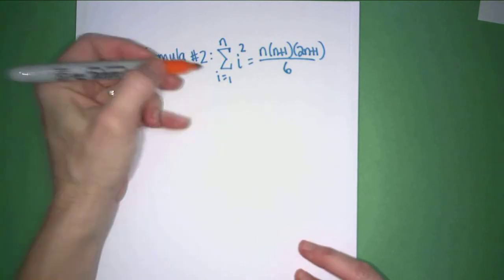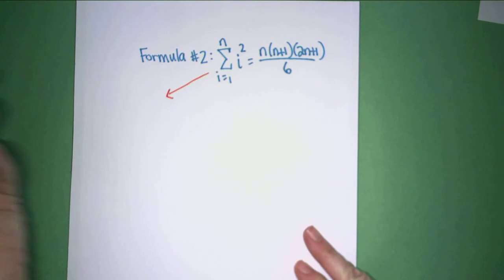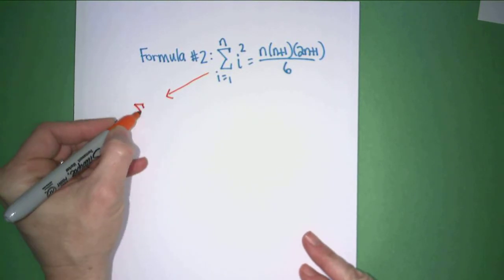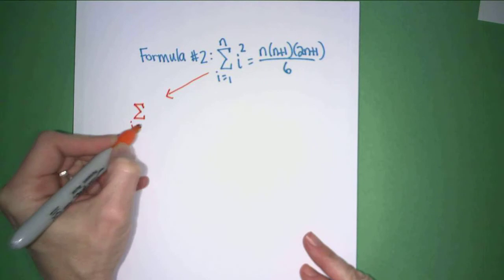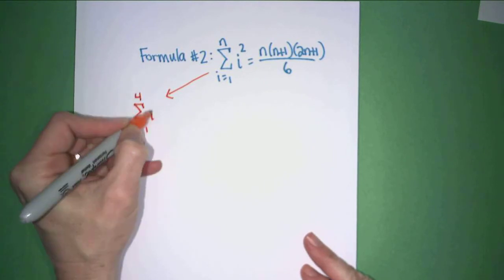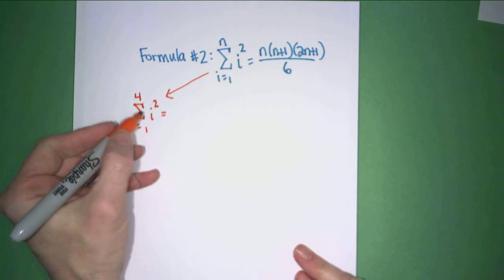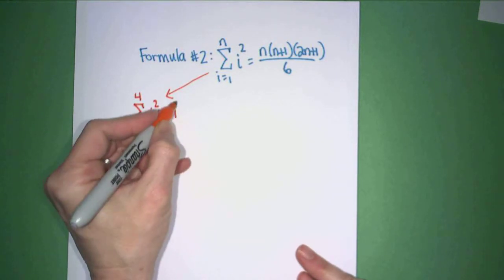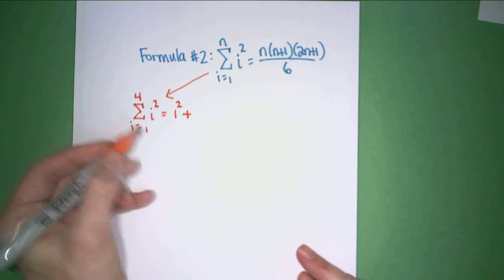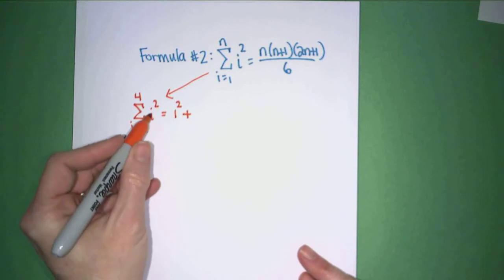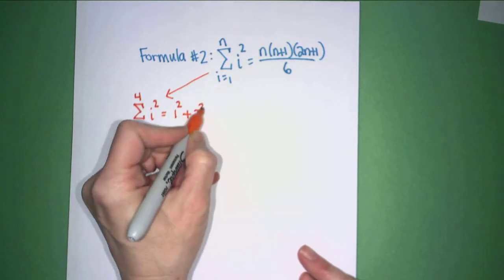So let's see how this works, or how it's giving us the same answer. So let's use that 4 again as our n. Sum from i equals 1 to 4 of i squared. Okay, so starting with i equals 1, we would plug it in, we would have 1 squared, plus. Then let i be 2. Put 2 in for i, you've got 2 squared.